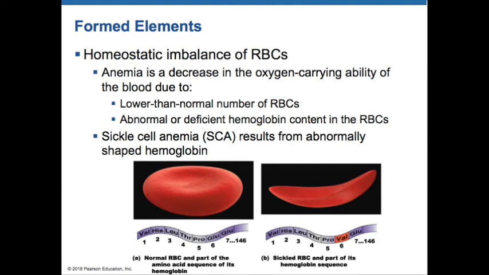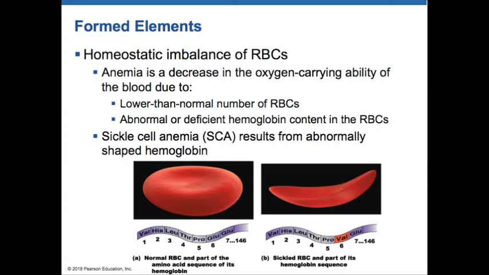Now, one homeostatic imbalance of the red blood cell is going to be anemia. So let's just describe and define anemia. Anemia is the decrease of oxygen carrying ability of the blood. Now, note that there are different types of anemia. For example, we're going to have hemolytic anemia, iron deficiency anemia, and hemorrhagic anemia.